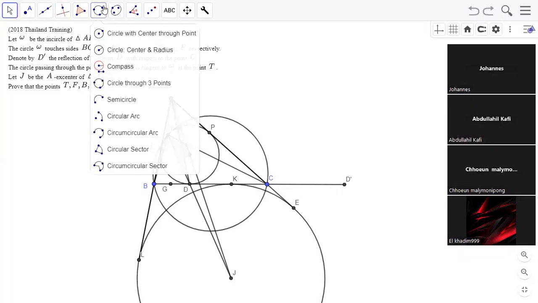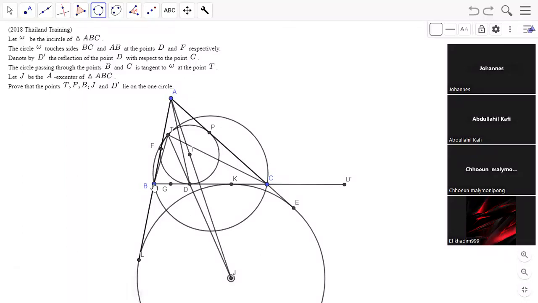All right. Maybe we could try power of a point. Like we could show BD times 2CD is TD times DJ. That seems plausible.